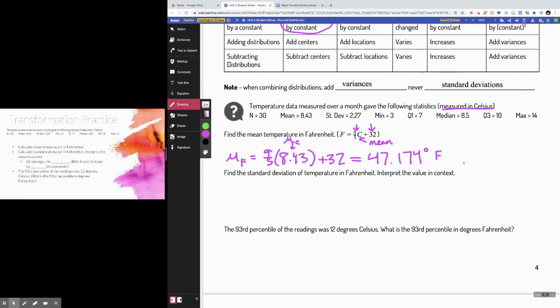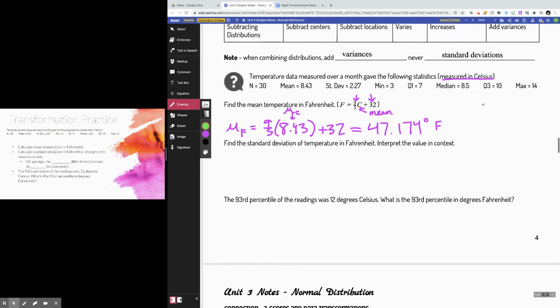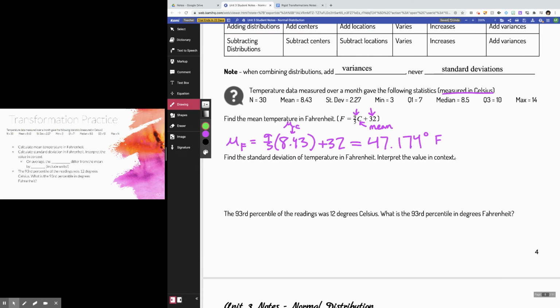So the mean temperature in Fahrenheit is 47.174 degrees. Okay. Now, standard deviation is going to be a little bit different. Standard deviation is a measure of spread. Okay, and standard deviation is not affected by adding or subtracting a constant, but it is affected by multiplying or dividing by a constant. Which means that in my original equation, Fahrenheit equals 9/5 Celsius plus 32, the 9/5 is the only part that's going to affect the standard deviation.